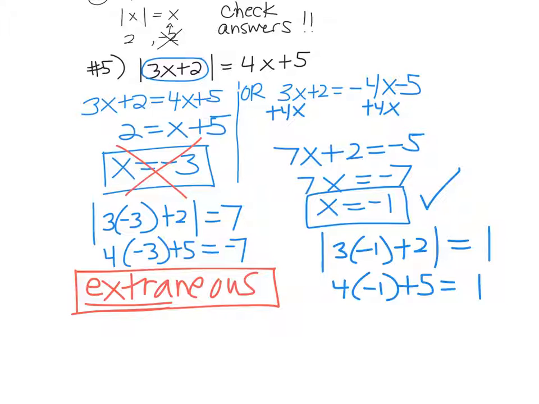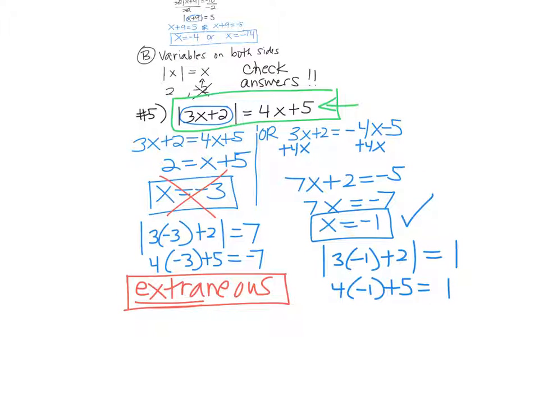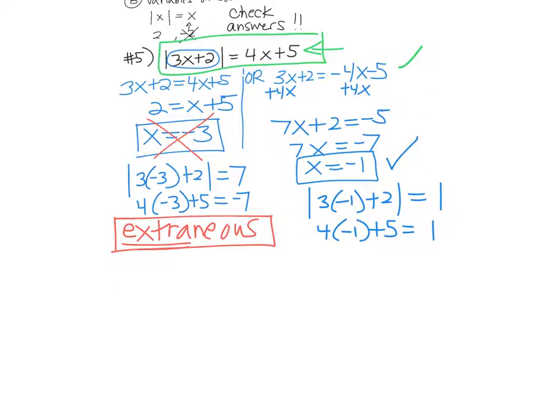You have to plug it into the original problem, the very original, not the one that you solved, but the problem that the book gives you or that I give you on the test. I should have mentioned that. Thank you. I'm really glad you said that. Because if you plug it into the one that you solved, it's going to work because you solved it, right? Even -3 would work. But you got to go back to the tip-top original problem that you started with. All right, those are tricky, huh? You didn't like that one.